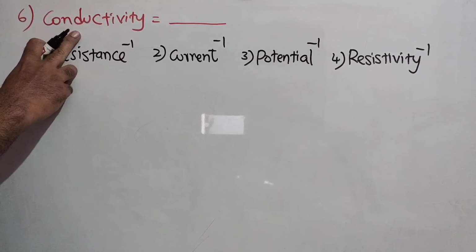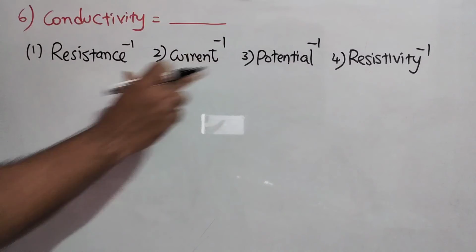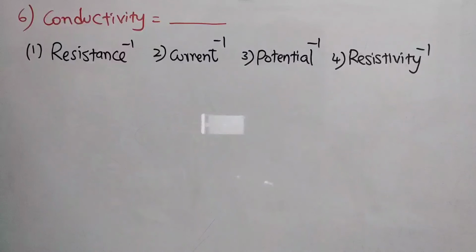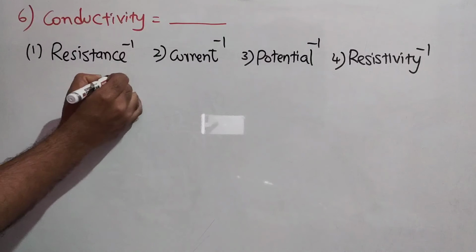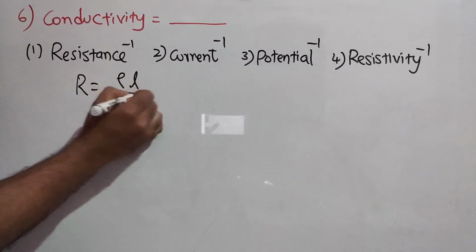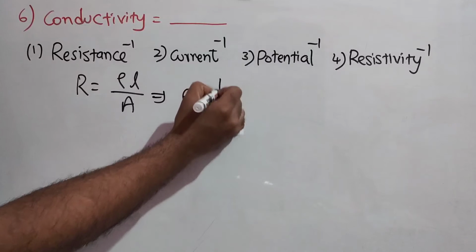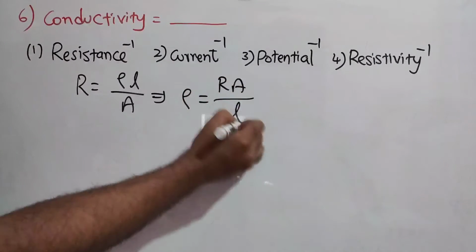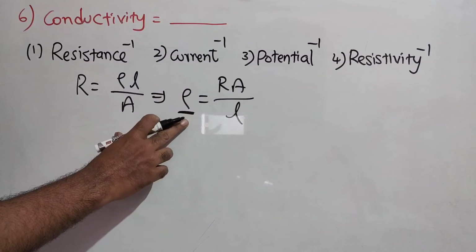Another question is: conductivity is equal to resistance inverse, current inverse, potential inverse, or resistivity inverse. Just now we have seen the formula R is equal to rho L by A. From this we got rho is equal to RA by L, and this rho is nothing but specific resistance or resistivity.